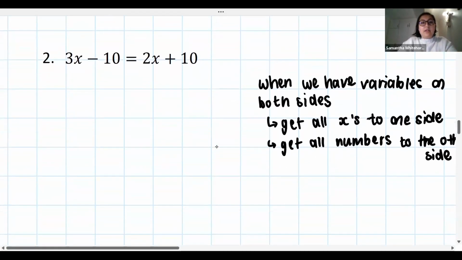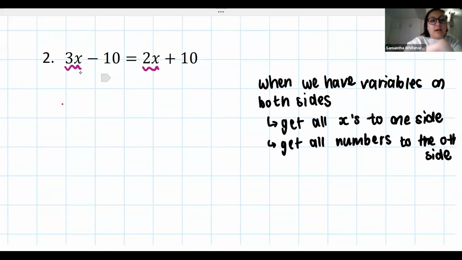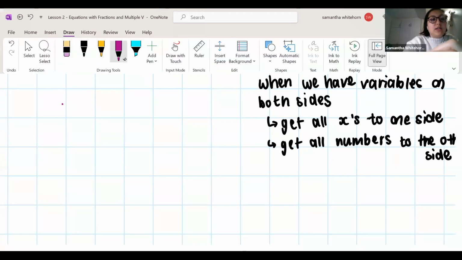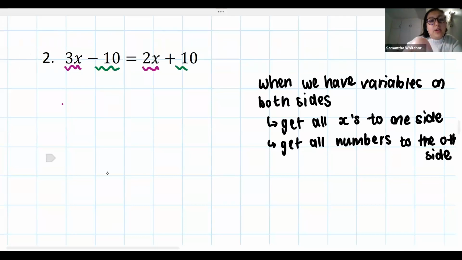Okay, so if we now have a look at the second question, we can see that we've got x terms on both the left and the right-hand side, as well as constant terms on both sides. Like I say, in all of our examples, I'm always going to choose to put x on the left so that we always have x equals.